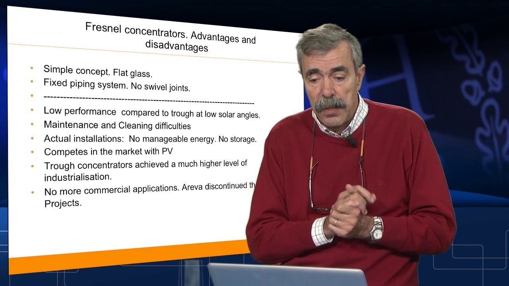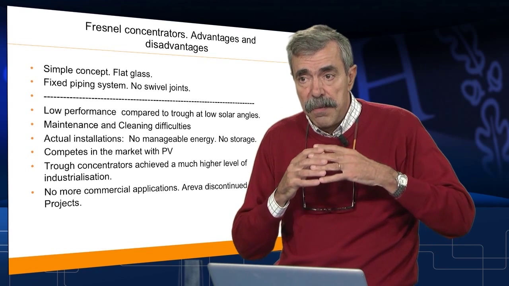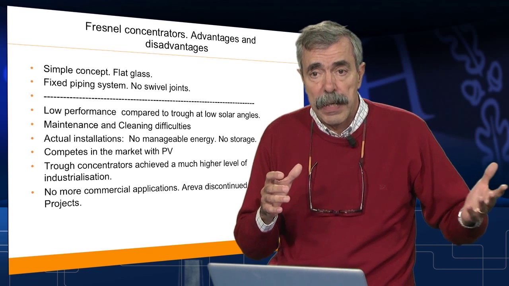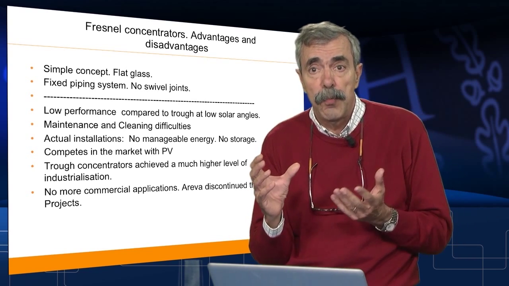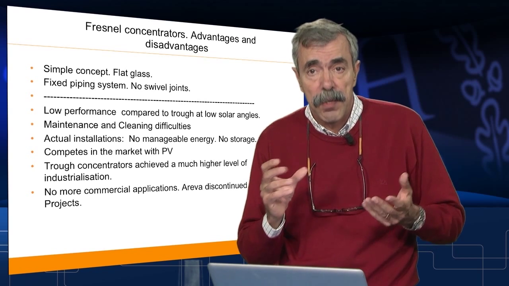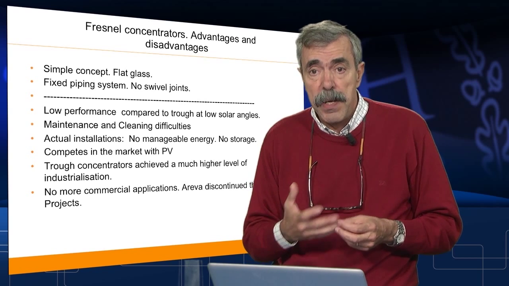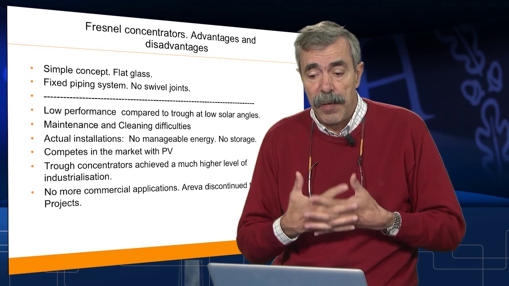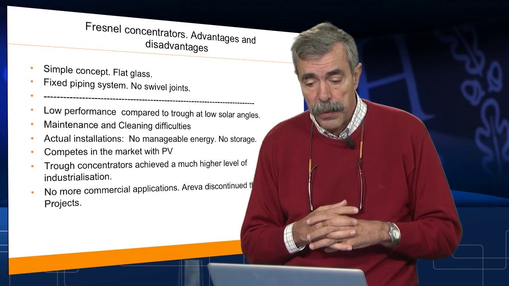So if the Fresnel system is less efficient than the parabolic trough, but the price will be, let's say, a fifth of the parabolic trough, maybe that proposal could be very sound from the economical standpoint.